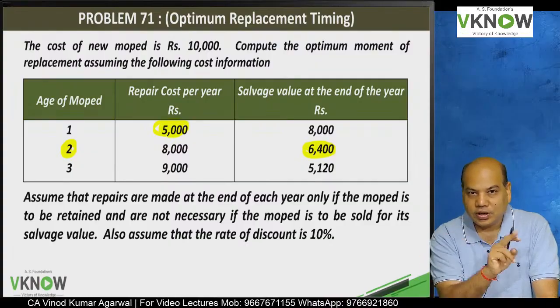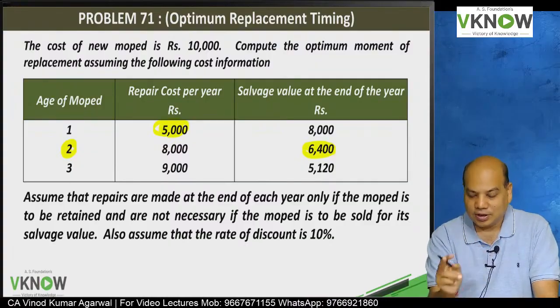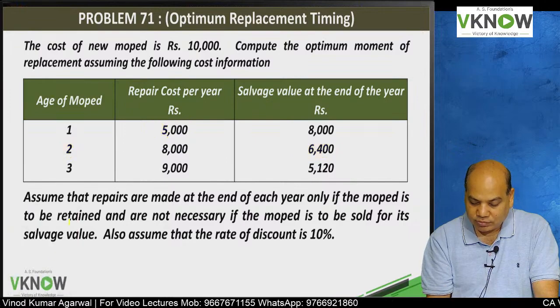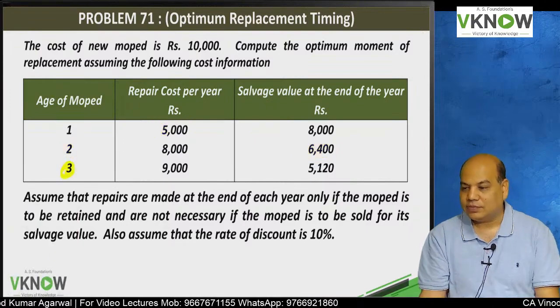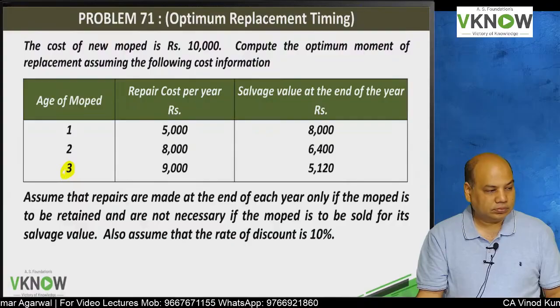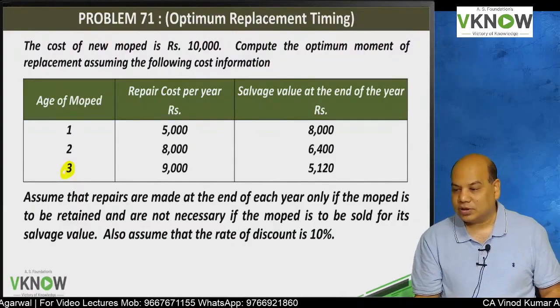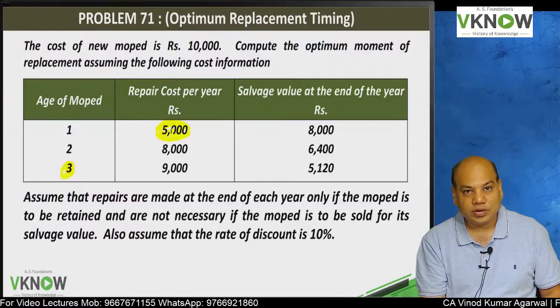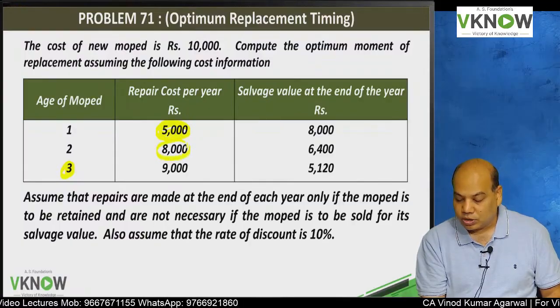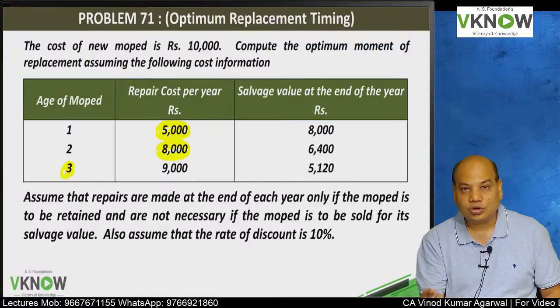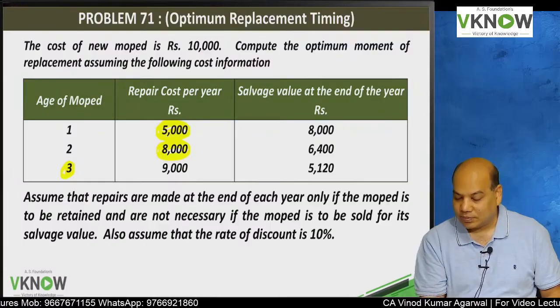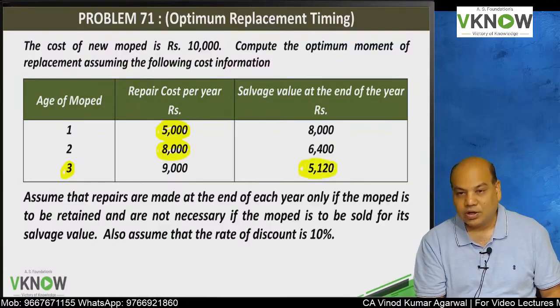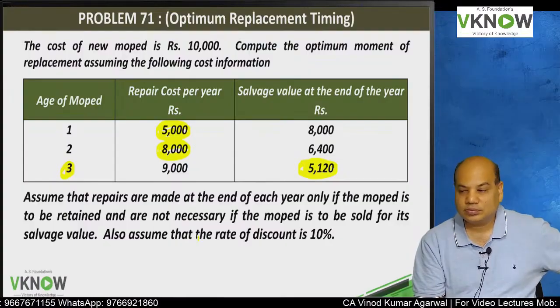You will not incur repair cost of the second year. And one more time, suppose you want to replace it after 3 years. Then you will first incur repair cost of year 1. You will also incur repair cost of year 2 because I want to use the asset for third year, and you will get salvage value of the third year.